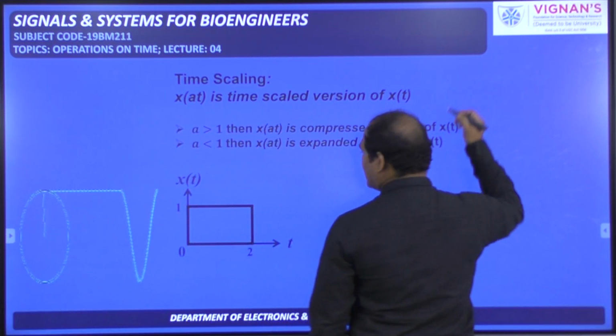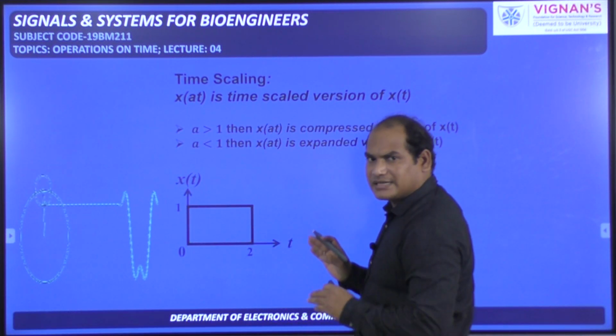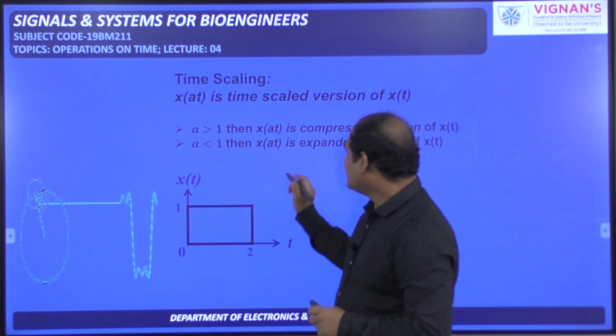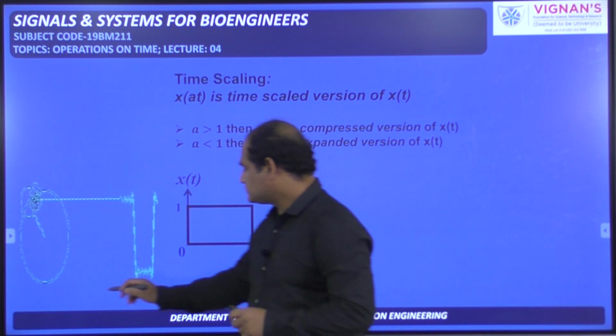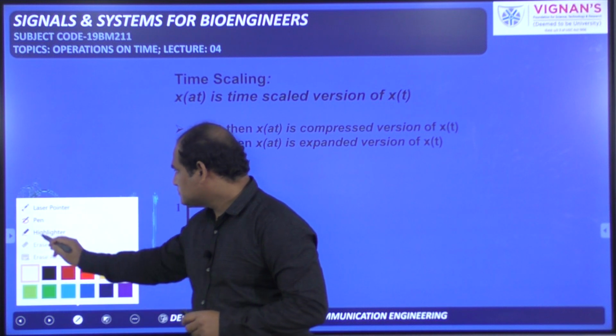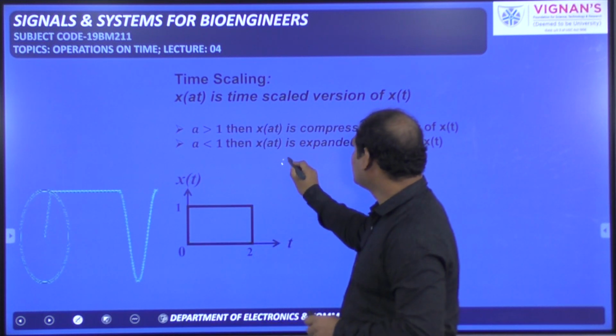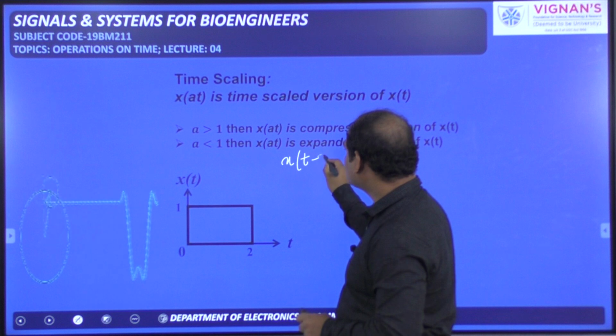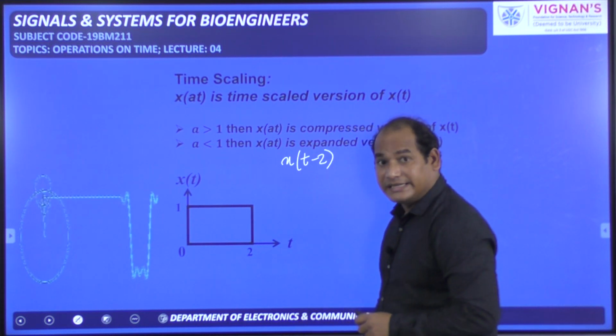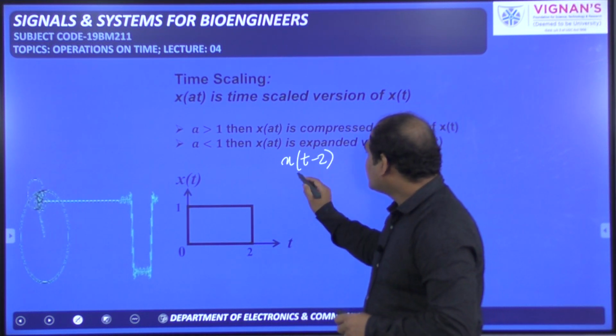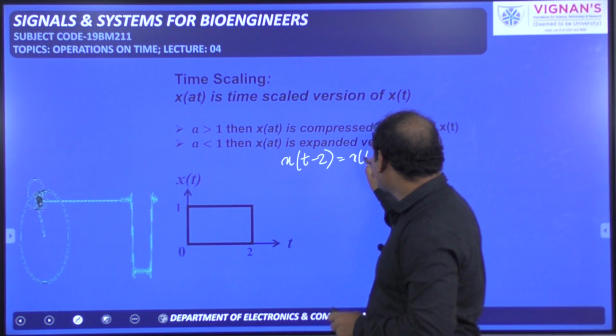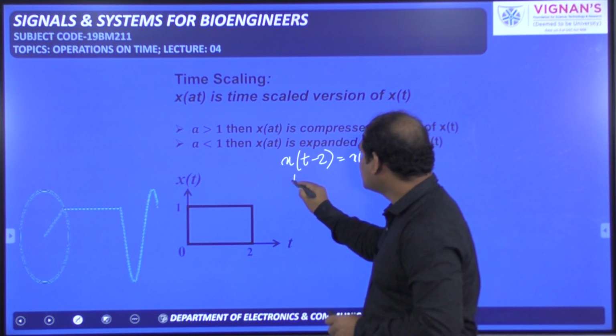So previously, for example, this is the signal, again we are considering x of t. Now I am going to draw first the time shifted version, x of t minus 2. Here it is x of t minus t naught, where t naught is equal to 2.